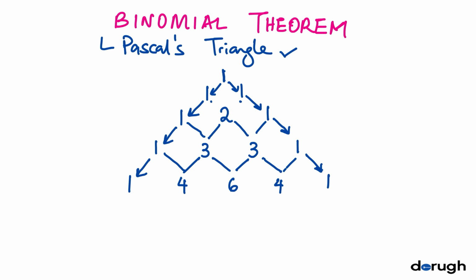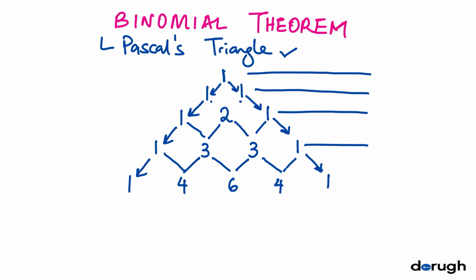Now, what do each of these levels represent? Right now, based on our illustration, we have 5 levels. We have this level, this level, this level, this level, and then this level.